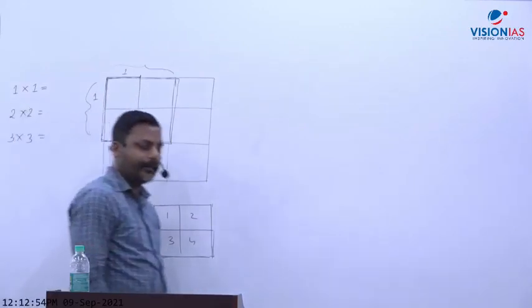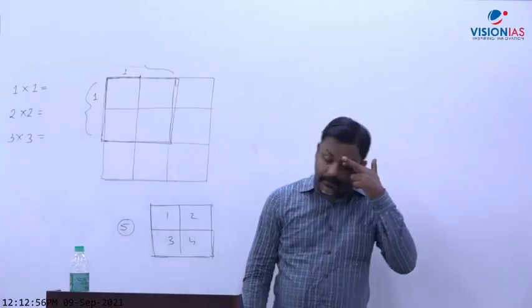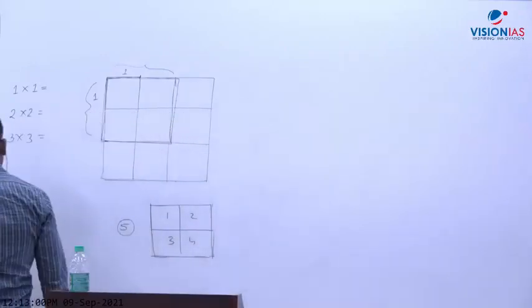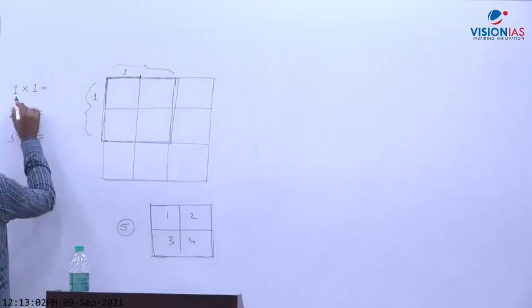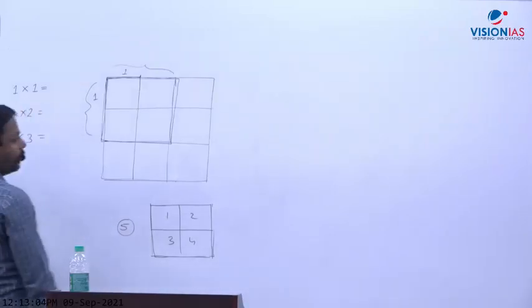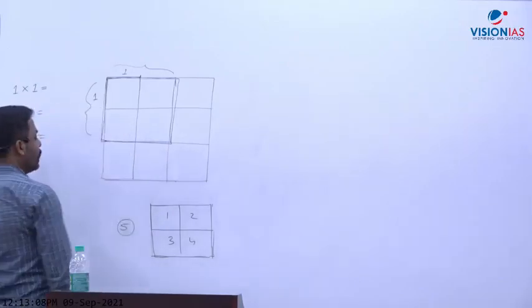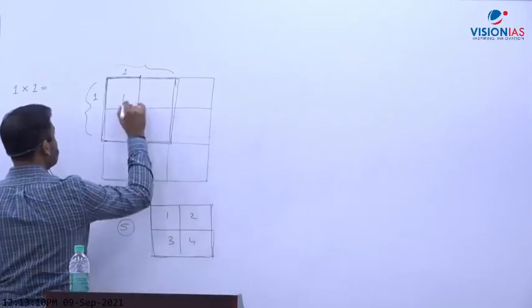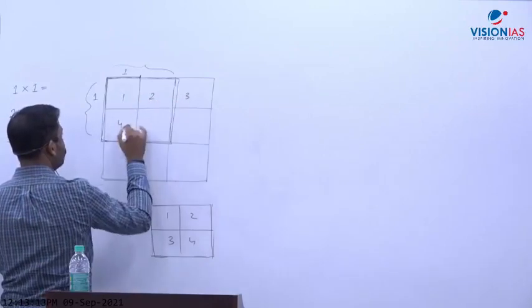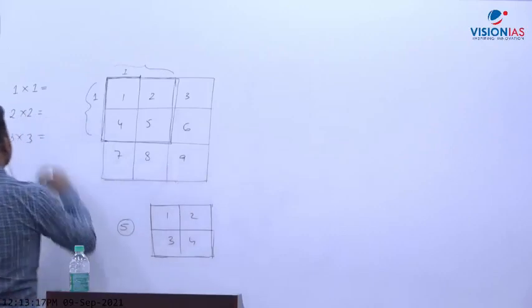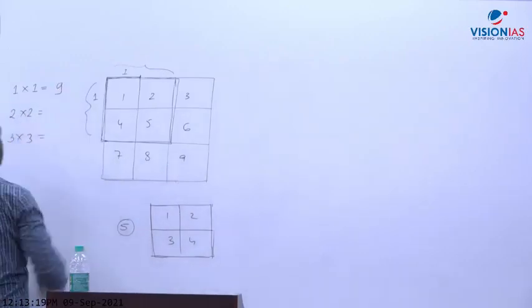So there are 3 different sizes of squares in this figure. Now, when we talk about size 1 by 1, how many smaller squares are there in the given figure? So the number of smaller squares is 1, 2, 3, 4, 5, 6, 7, 8 and 9. So the number of smaller squares is 9.